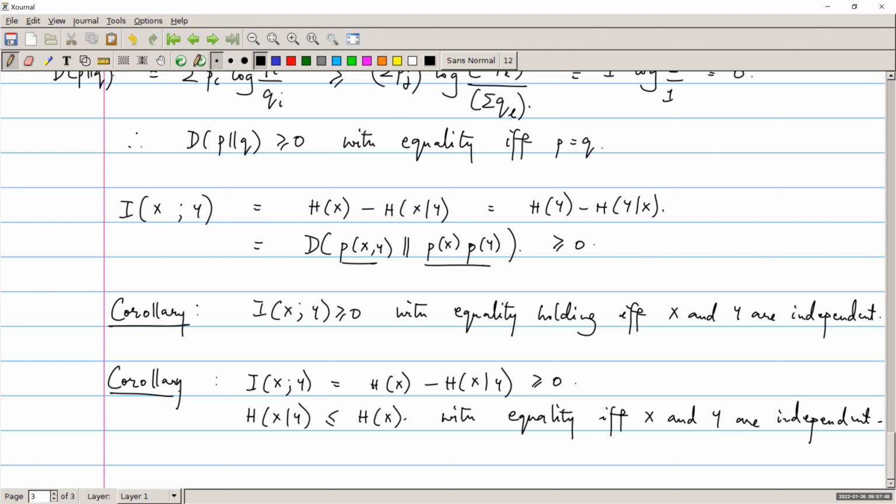So if I observe Y first, and then make an observation on X, the incremental information I acquire when I observe X in the second step is always less than the information I would have acquired when I just observed X. That means that in the first step, Y has given me some information potentially.